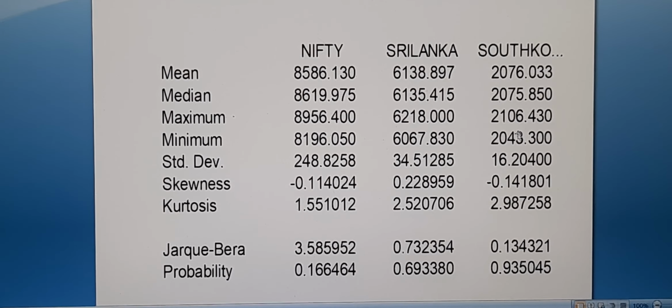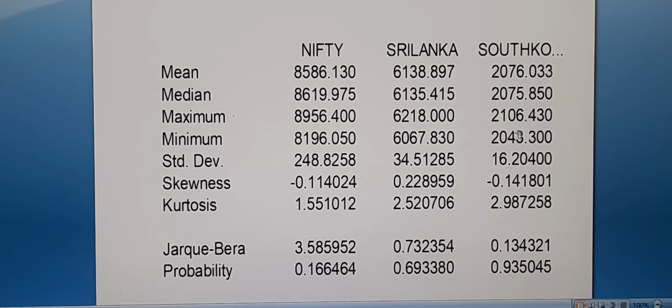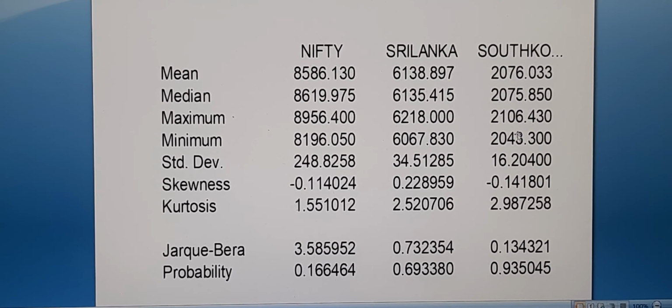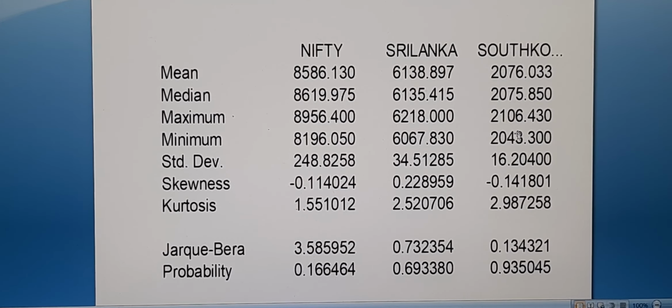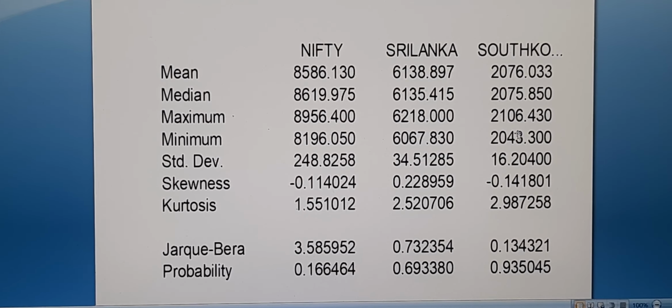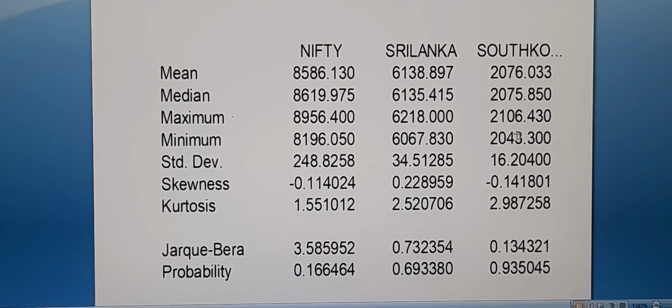And if you see the kurtosis, then you can find it is less than 3. As it is less than 3, it is platykurtic. Negative kurtosis, a flatter curve.